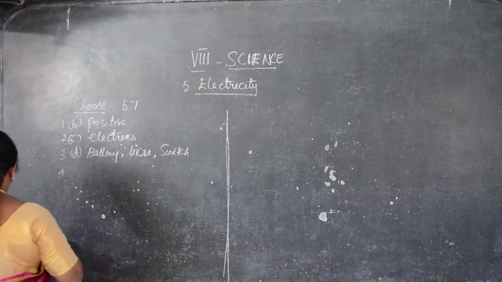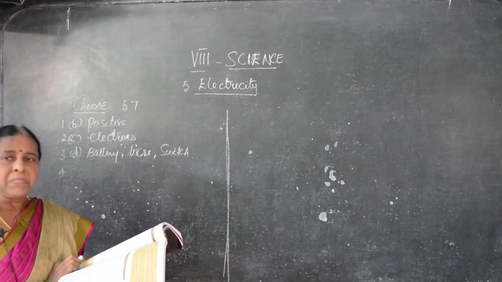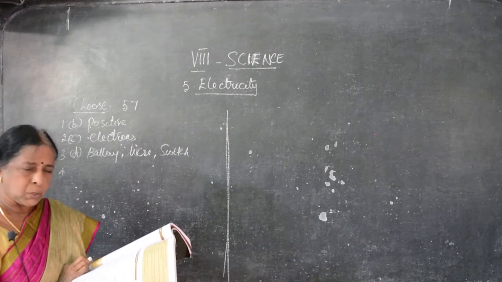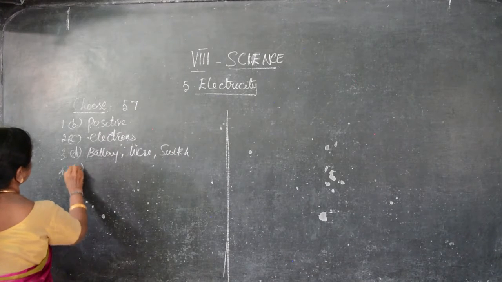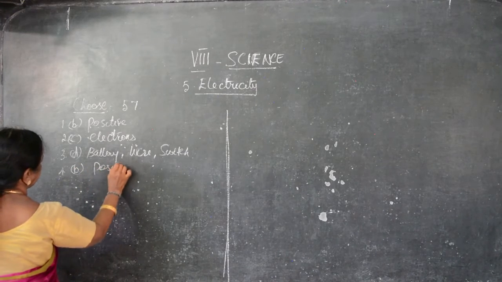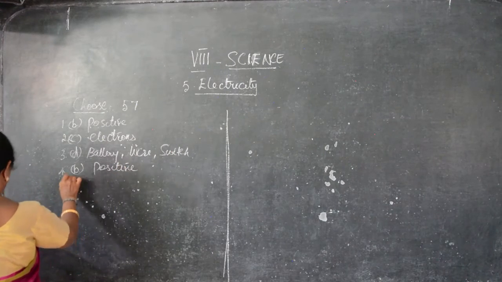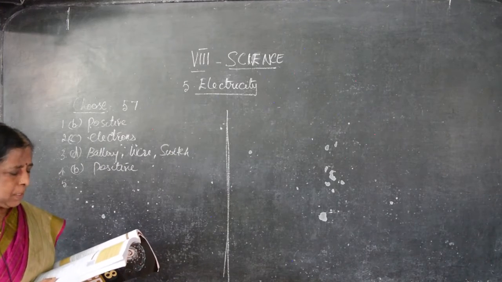4th one. An electroscope has been charged by induction with the help of charged glass rod. The charge on the electroscope is, option B is the correct one, positive. Fifth one, fuse is, 4 options.